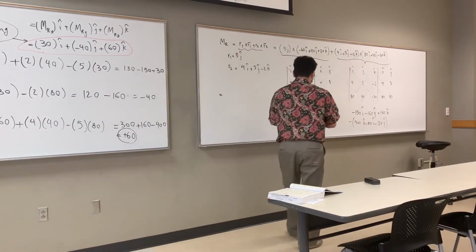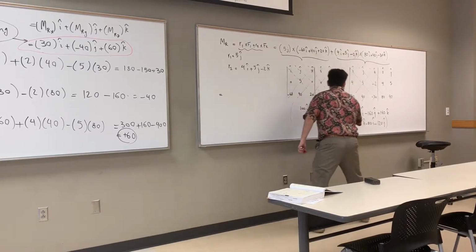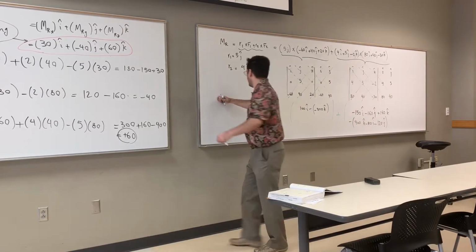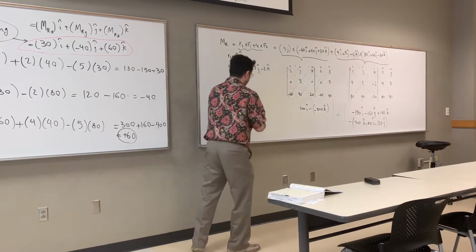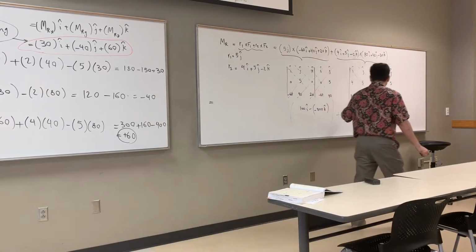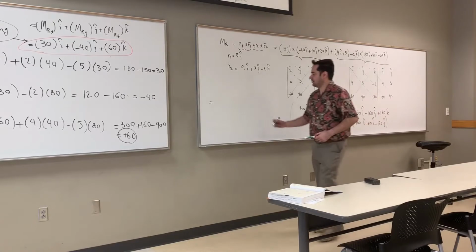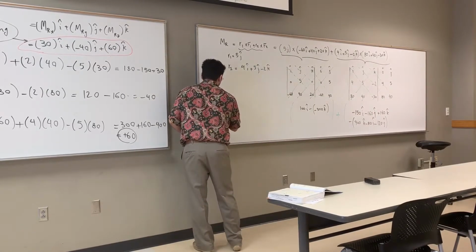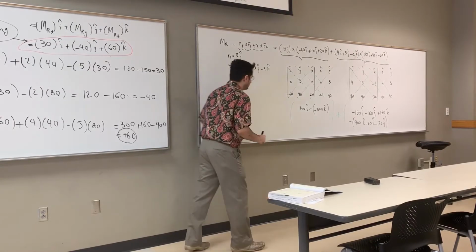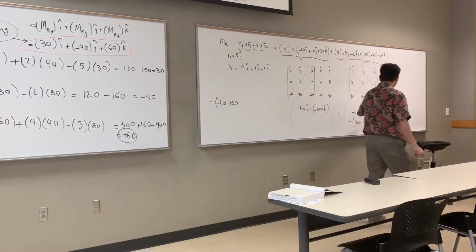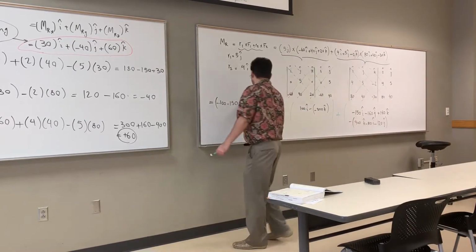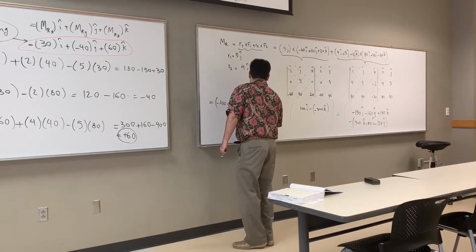The result of all this operation is the resultant. So I write it here: it is equal to 100i, -150, so let's collect all the i together: 100, -150, plus 80, times i.